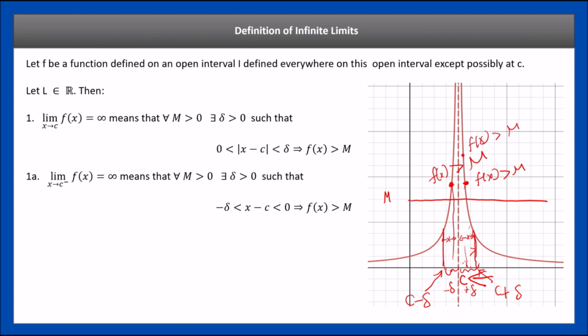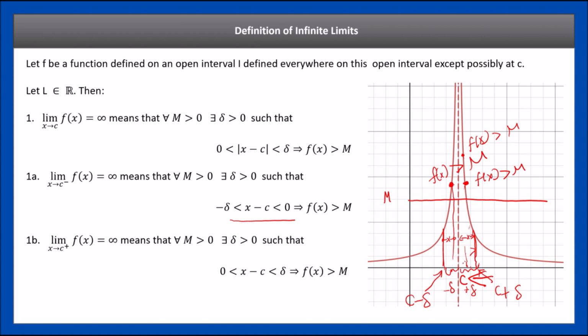If m were a cutoff, f of x is going to be above it as we're approaching c. That's essentially what it's trying to say. And then, of course, there's the one-sided version, the left-sided version and the right-sided version. I basically did both sides on this picture.